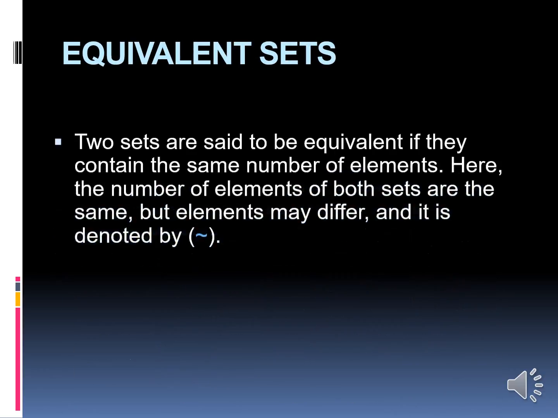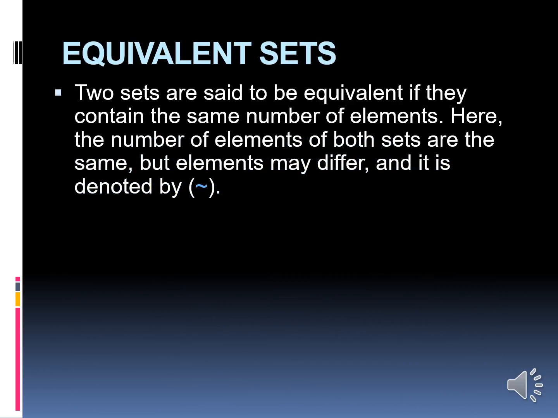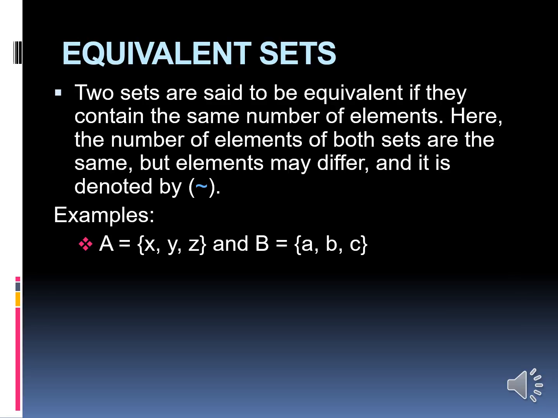Equivalent sets. Two sets are said to be equivalent if they contain the same number of elements. Here, the number of elements of both sets are the same, but the elements may differ, and it is denoted by this symbol. For example, A has the elements x, y, z, and B has the elements a, b, c.